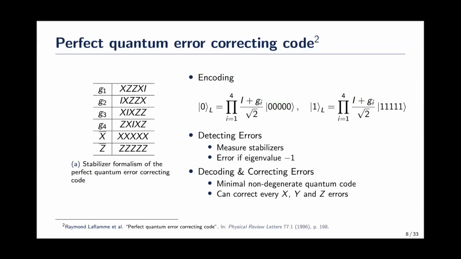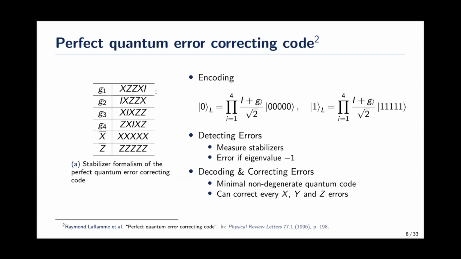Before I introduce the surface code, let me introduce the 5-qubit perfect quantum error correcting code. The perfect quantum code is stabilized by these 4 stabilizers, and we can encode the code like this. This I plus G term means that the state is stabilized by G, because when we multiply G and it, it gives I plus G. We can detect errors by measuring stabilizers.